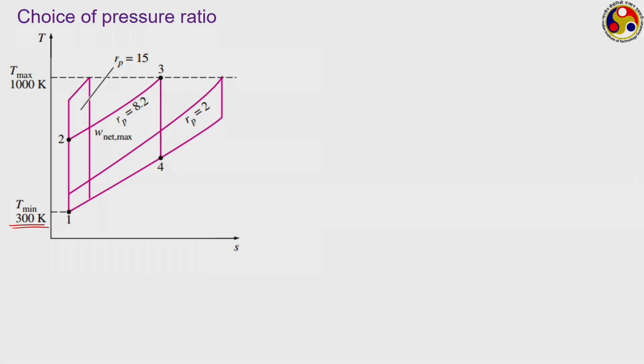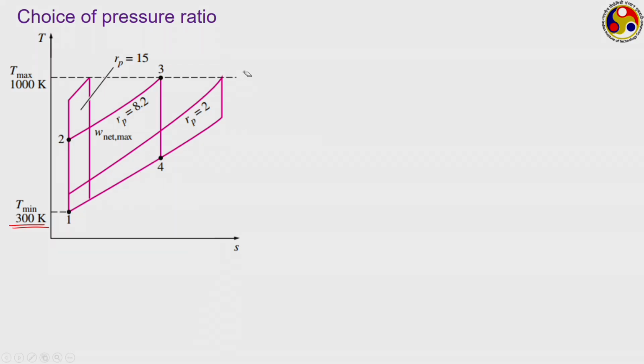Now, if we maintain T min and T max, that is T1 and T3, at some fixed values and vary Rp, then it changes like this. When your Rp is very small, that is we are having a very small pressure rise, then there will be quite a long heat addition process to reach this highest temperature level, and you can see only a small area is enclosed by this curve on a Ts plane.